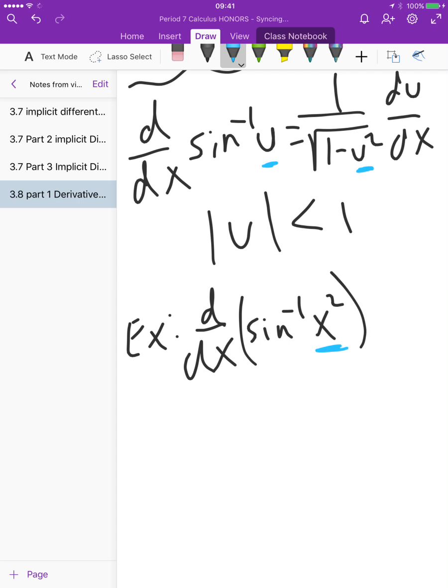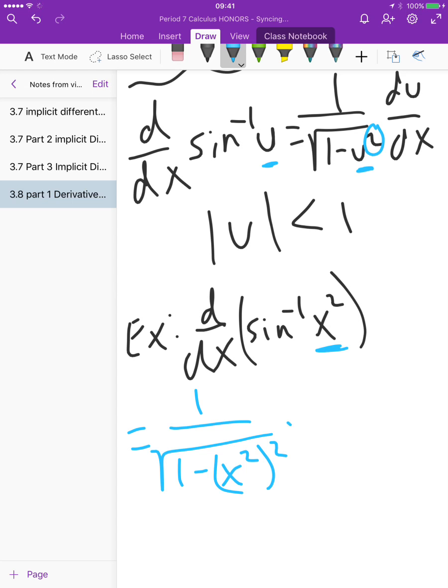And so I need to take what u is and just plug it into the formula itself. So let's take a look. This is going to lead us into 1 over the square root of 1 minus the quantity x squared, squared, because there's my u, x squared, and I'm squaring it based on our formula.